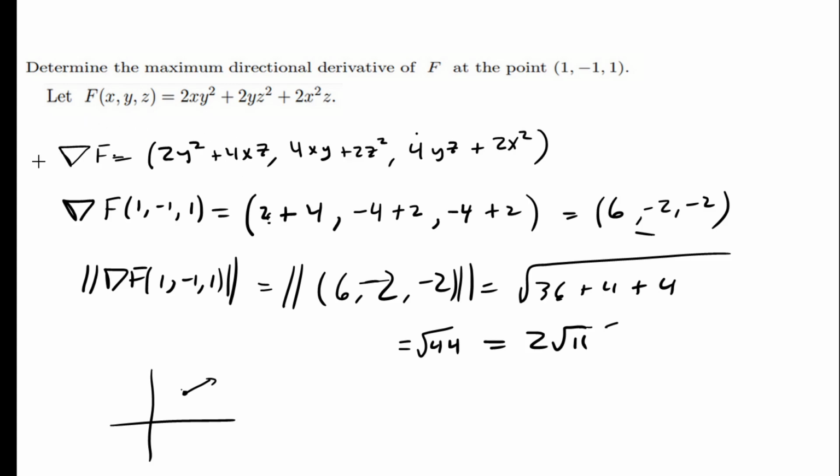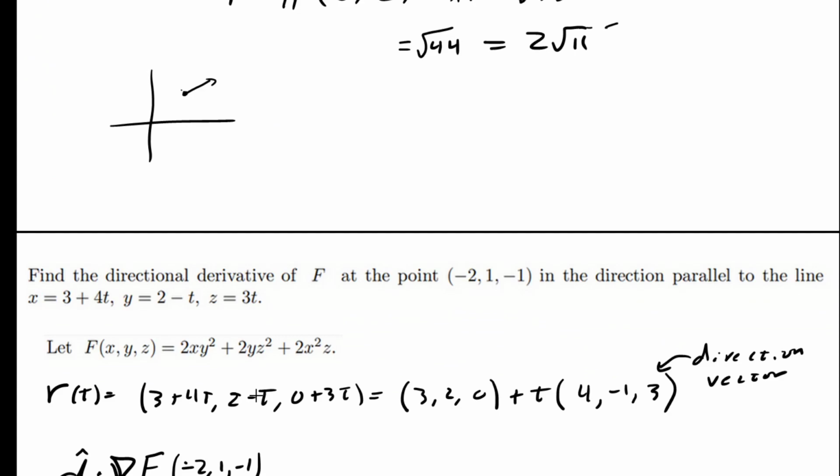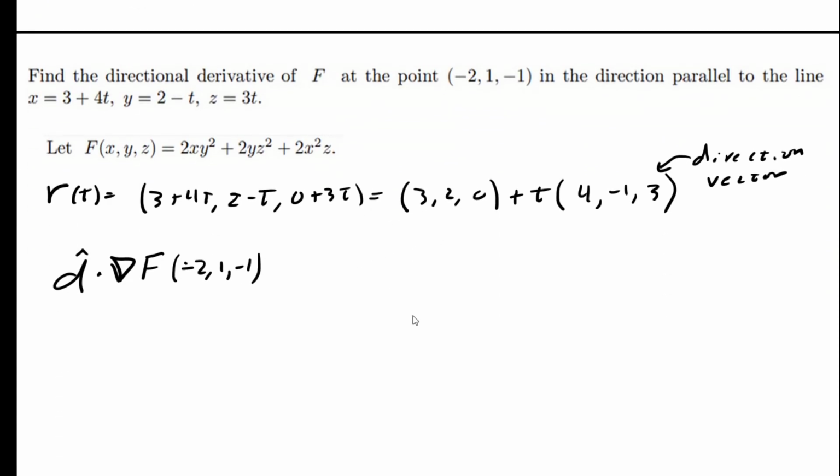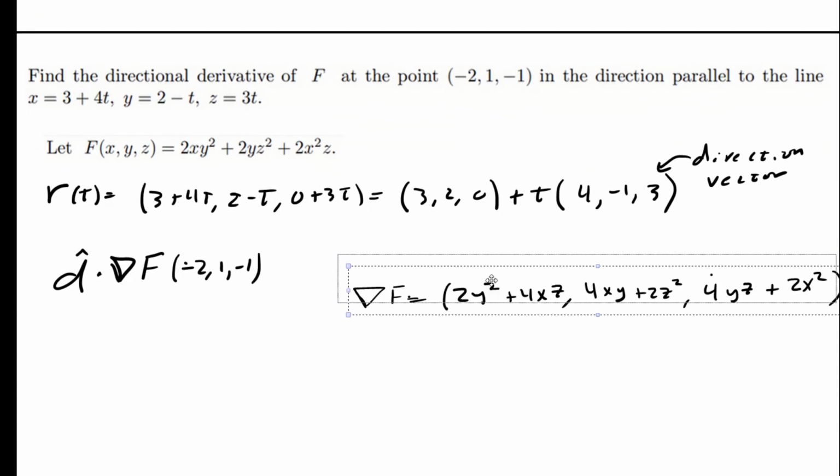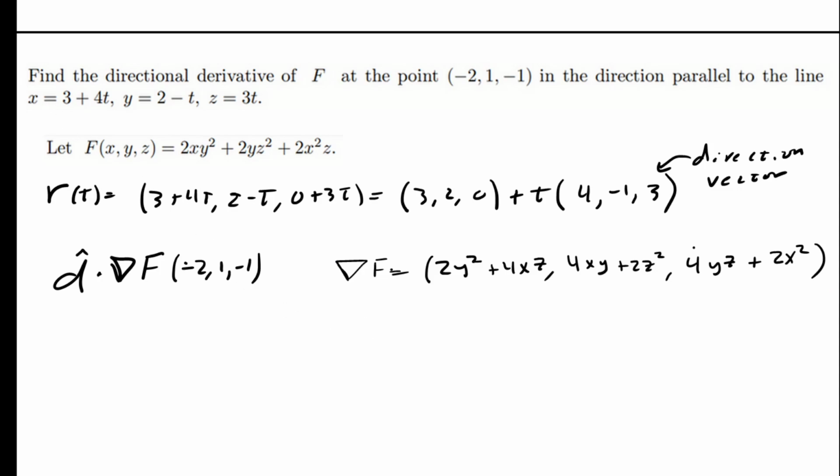Okay, so let's copy that down. So I want d hat dot product with the gradient at -2, 1, -1. So let's evaluate what that is.